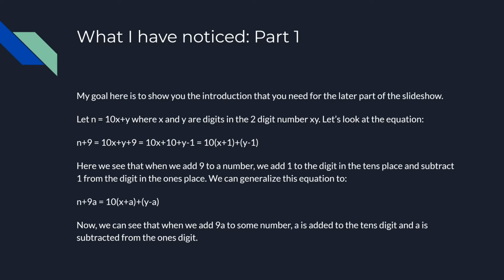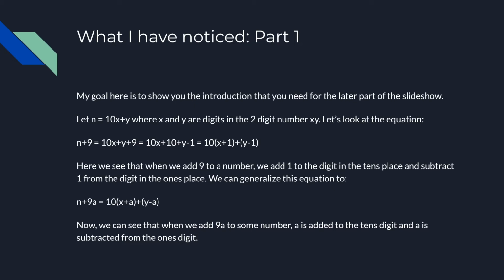Let n be 10x plus y, where x and y are digits in the two-digit number xy. Let's look at the equation. n plus 9 equals 10x plus y plus 9, which is 10x plus 10 plus y minus 1, which is the same thing as 10 times x plus 1, plus y minus 1.